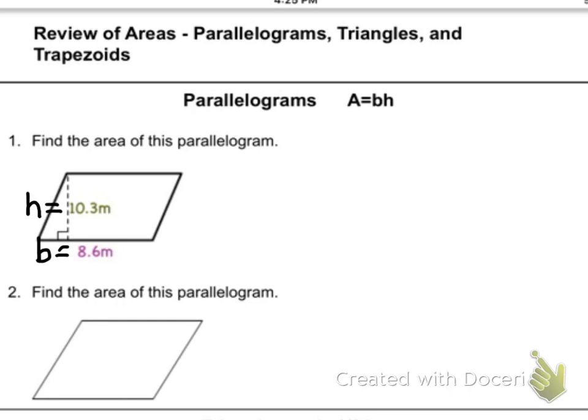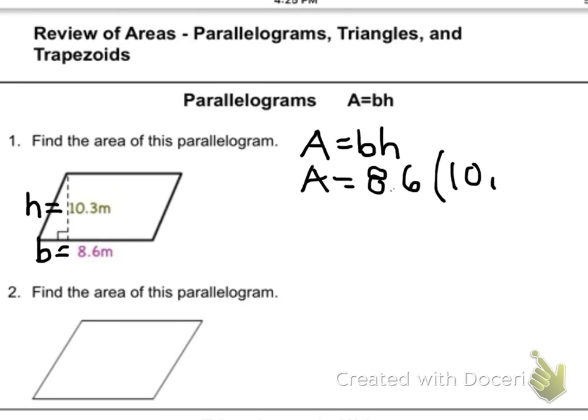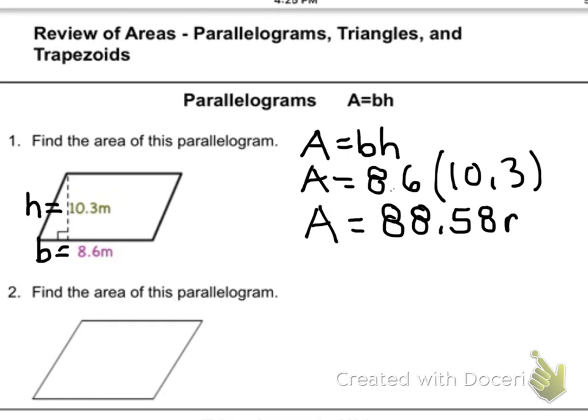Then we will write our equation, A equals base times height, where A equals 8.6 for B times 10.3 for height. Then the area will be equal to 88.58 meters squared.